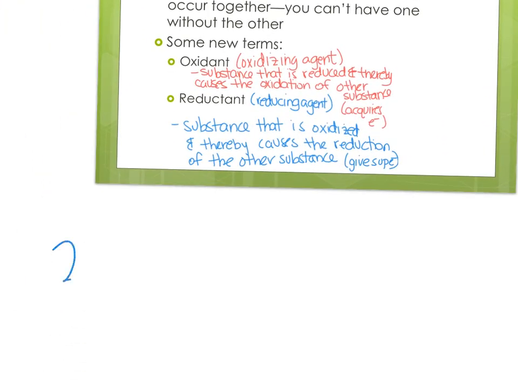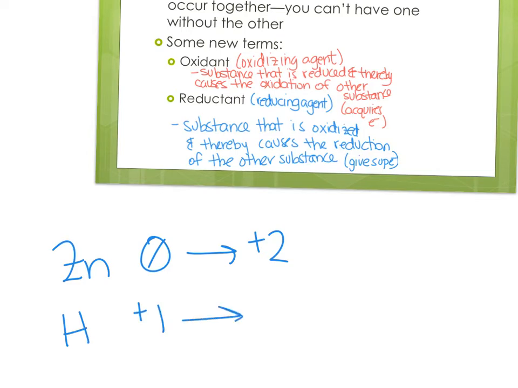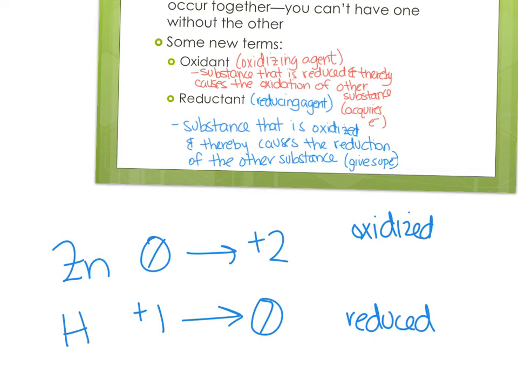So in our last one, we said that zinc went from 0 to plus 2, and hydrogen went from plus 1 to 0. You said that our zinc was oxidized and that our hydrogen was reduced. Which one is my oxidant? Hydrogen.